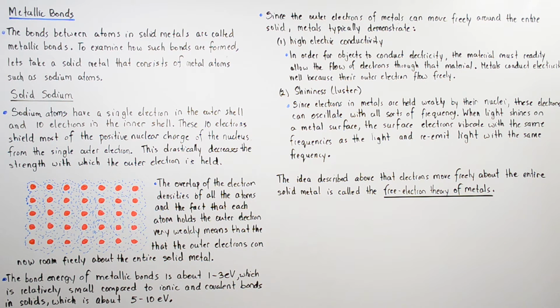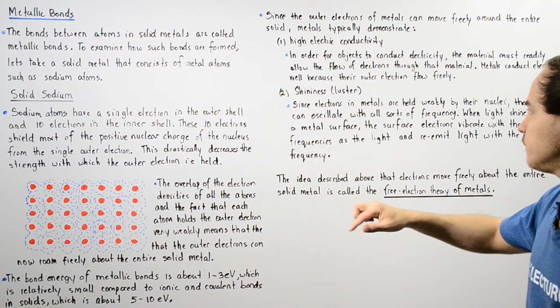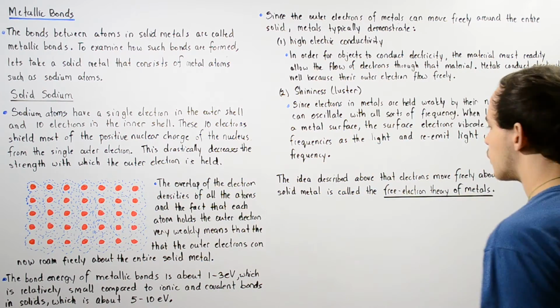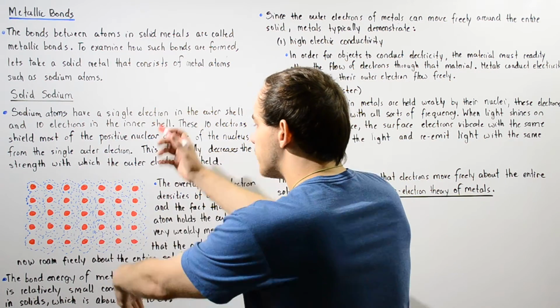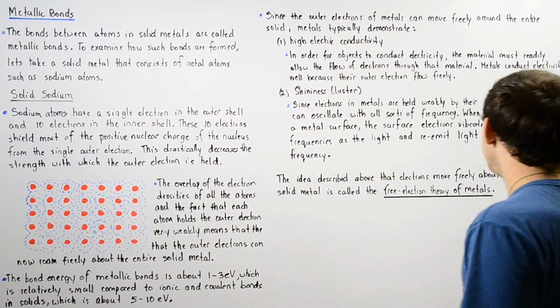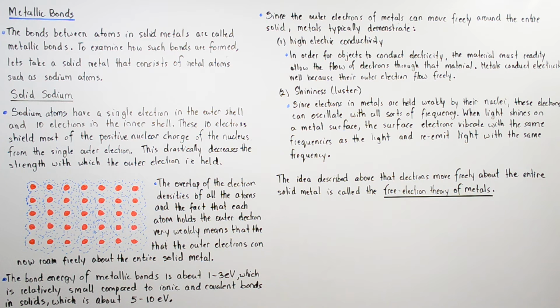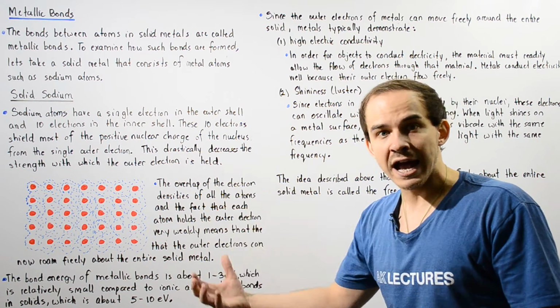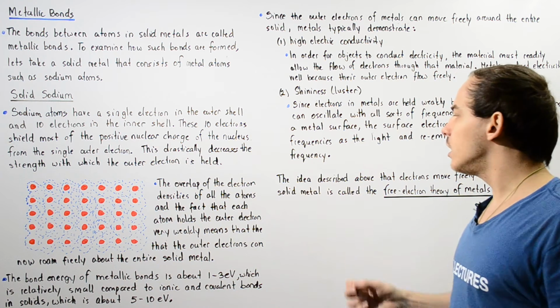Now, when light shines on the metal surface, the surface electrons, which are moving about with all different frequencies, can vibrate with the same frequency as that light. And when they re-emit that light, they re-emit it at the same exact frequency, so that means our metal can readily reflect light of the same color.